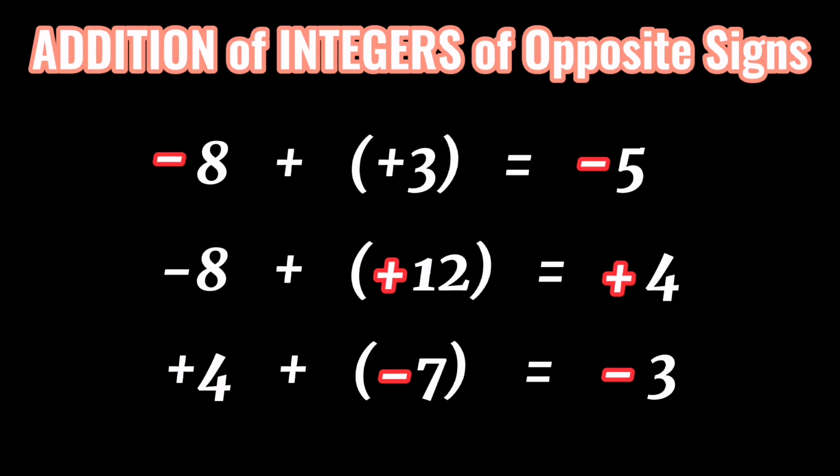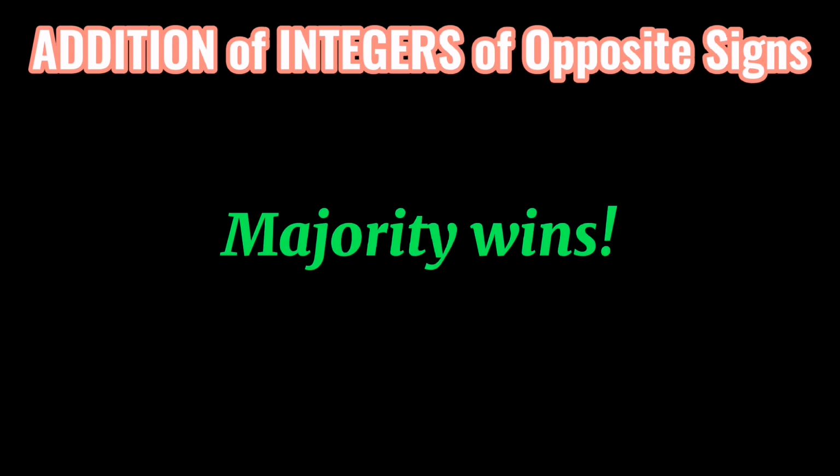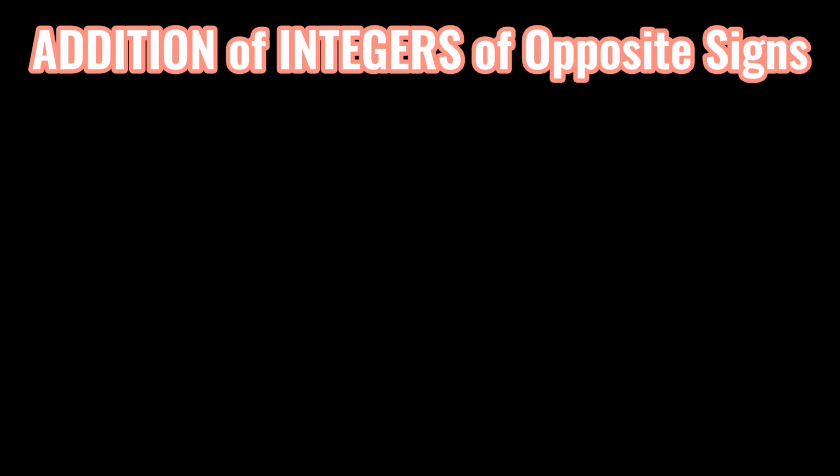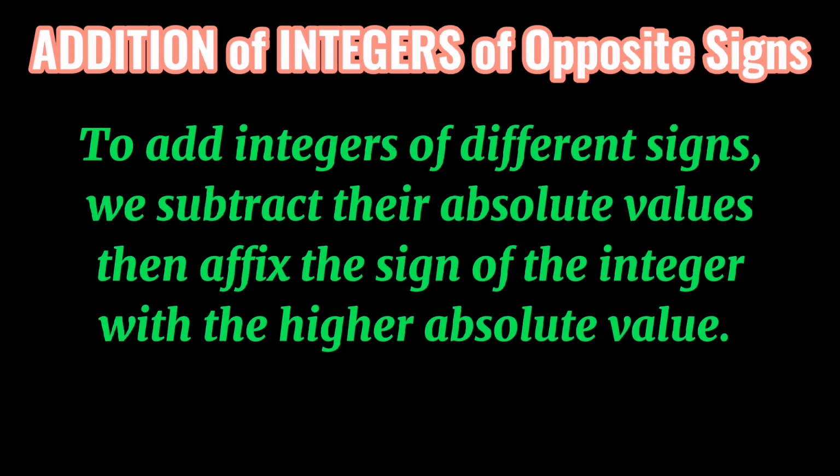Negative is the sign, and that is of 7 and not of 4. So what do you think now is the rule for the sign to use? Very good. We follow the sign of the integer with the higher absolute value. Majority wins, kumbaga. Now to wrap it up, to add integers of different signs, we subtract their absolute values, then affix the sign of the integer with a higher absolute value.